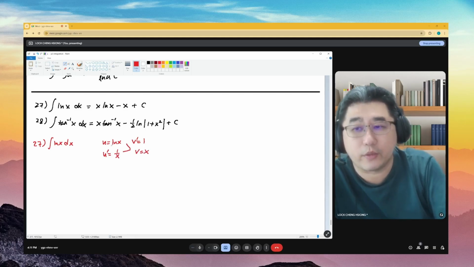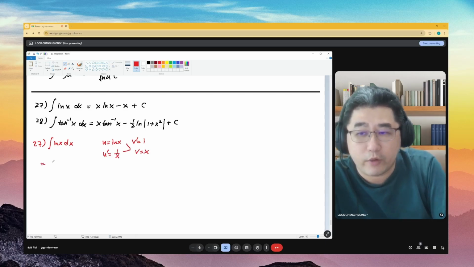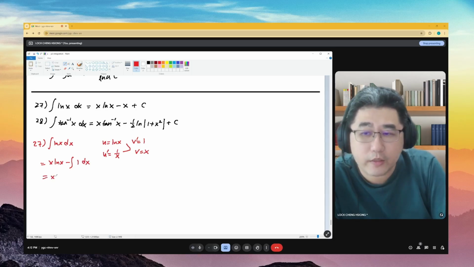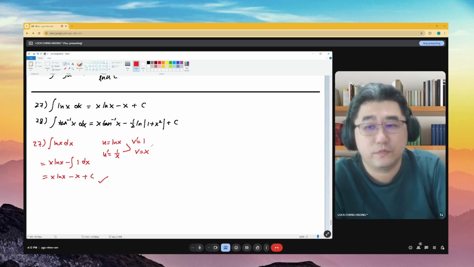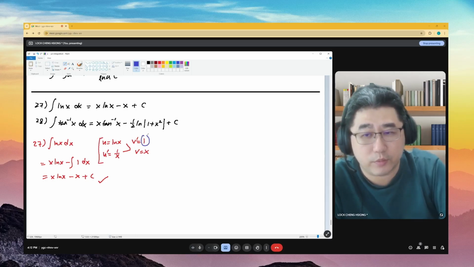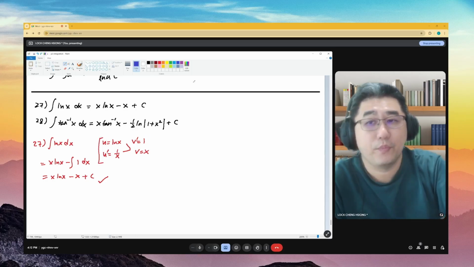These two will be multiplied together. So I will have x ln x minus these two together. So 1 over x times x becomes 1. So I have x ln x minus x plus c. Done. What is important is this is a multiply by 1.